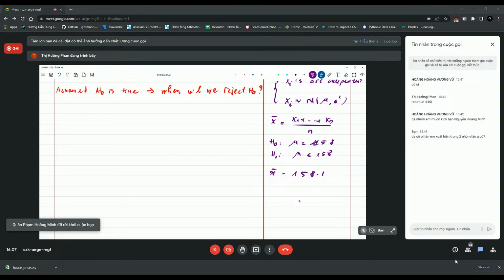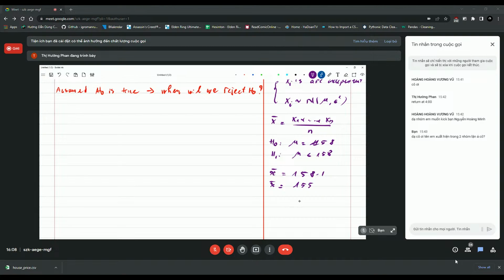Okay, but remember that the sample average depends on the sample data. The first time I collect 100 students, I get H bar equals 158.1. You have the feeling that we won't reject H0. But suppose in the second case, I collect a random sample of maybe 200 students in our university, and then I get H bar equals only 155, for example.